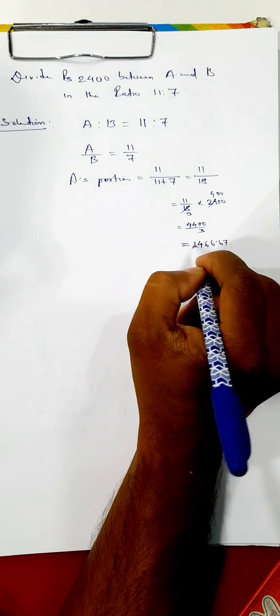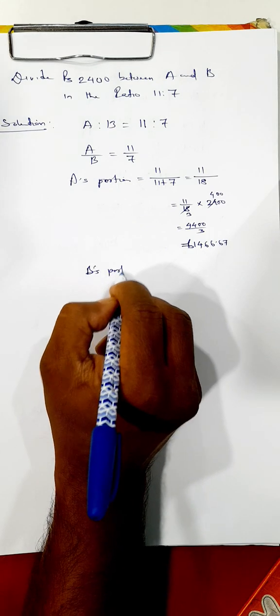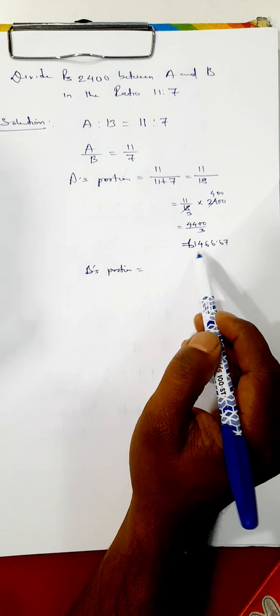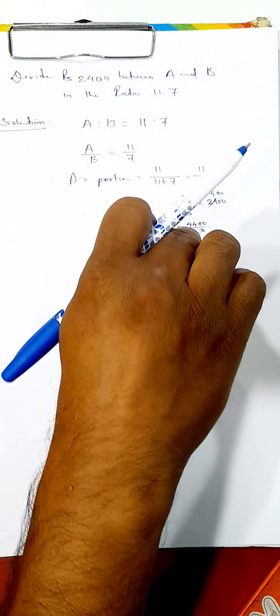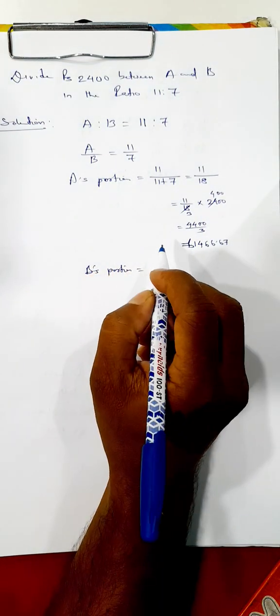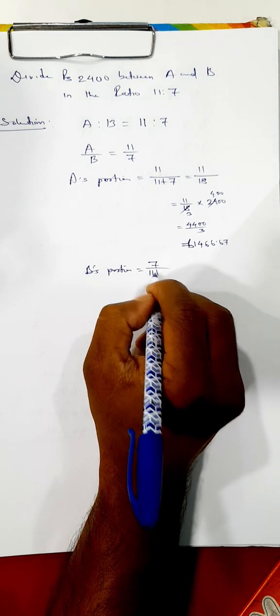Now B's portion. You already know the portion of A, so B's portion can be determined by subtracting this number from 2400, or from the fraction also you can determine this. B's portion will be 7 divided by 11 plus 7.